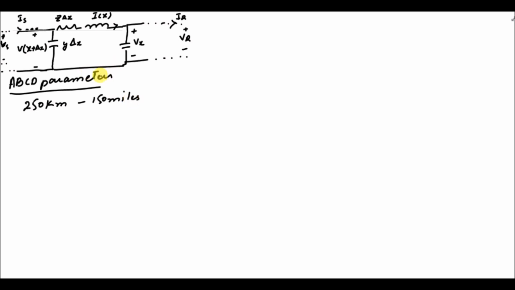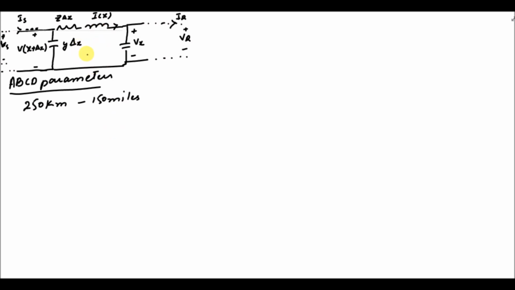From the circuit diagram, we have a sending end voltage Vs and the receiving end voltage, and we are only considering a small portion of the line in which we have a capacitor, resistor, and inductance.